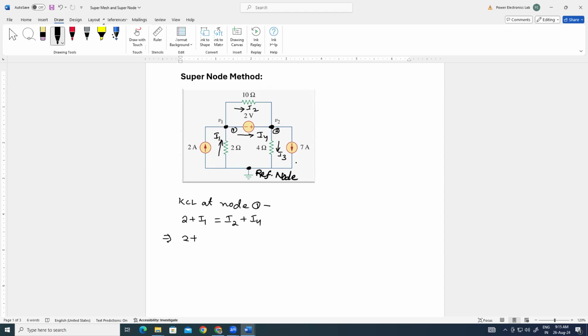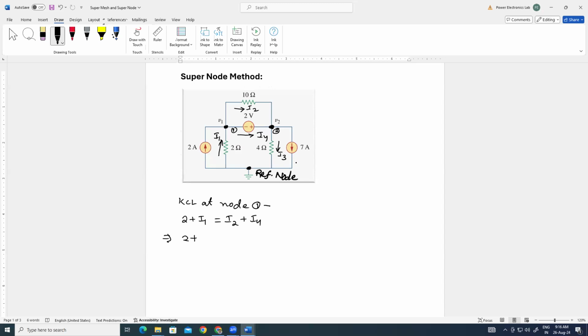If the current is in the upward direction, this is an element, and you know that in an element current flows from higher potential to lower potential.